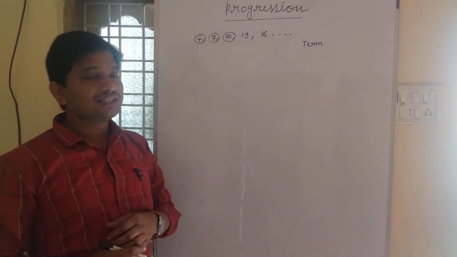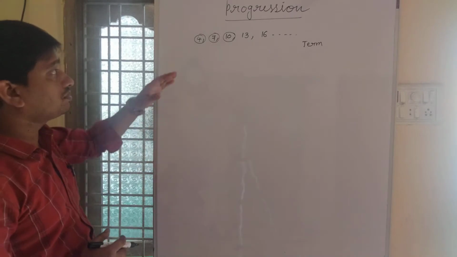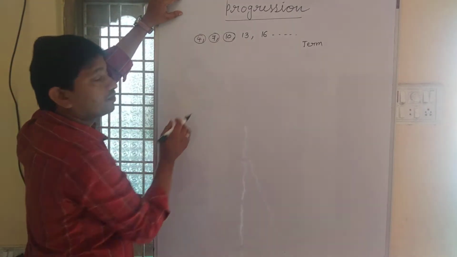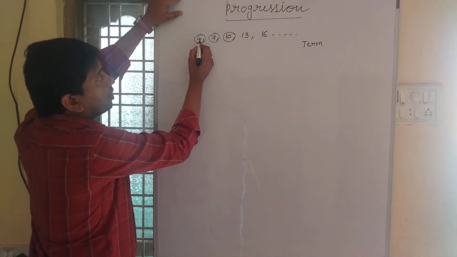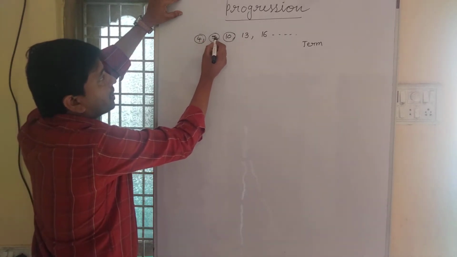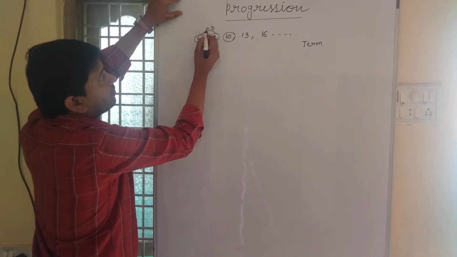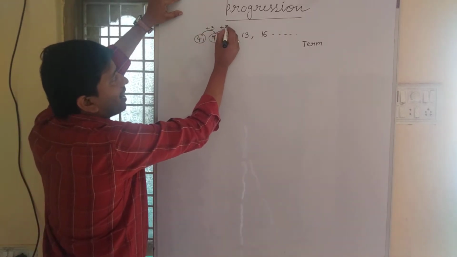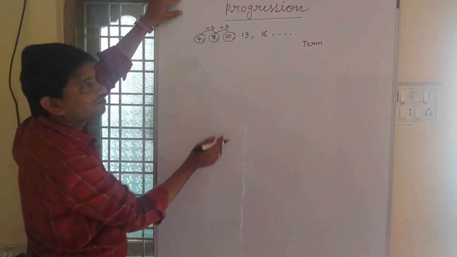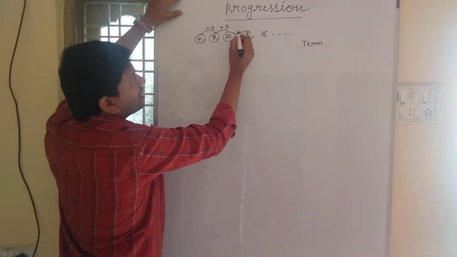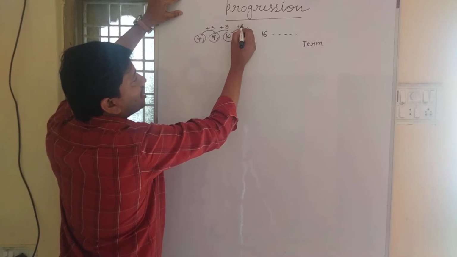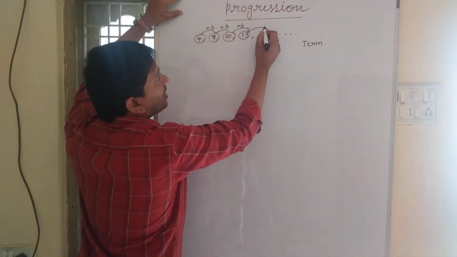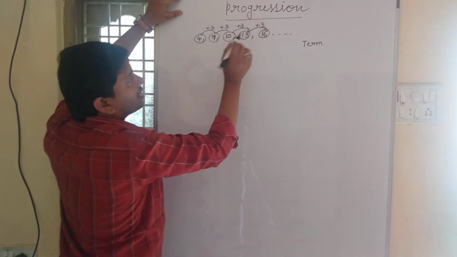In this sequence of numbers, if you observe, it follows some rule. I mean, 7 is obtained by adding 3 to the first term, and 10 is obtained by adding 3 to the second term. 13 is obtained by adding 3 to the third term. 16 is obtained by adding 3 to the fourth term.